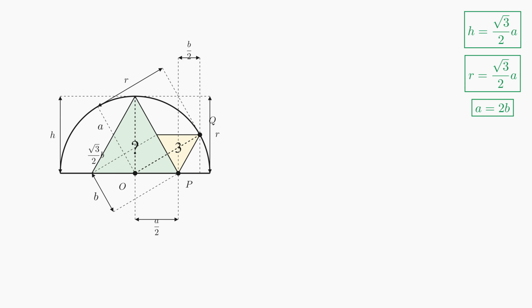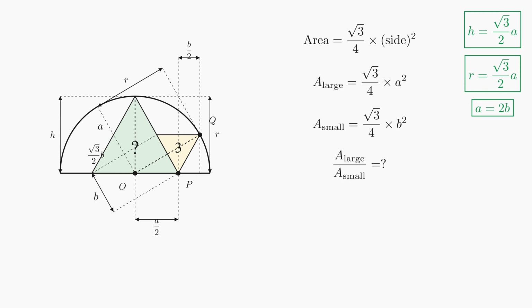Let's see what this tells us about the areas. For equilateral triangles, the area depends on the side length. The area is square root of 3 over 4 times side squared. So the large triangle's area is square root of 3 over 4 times A squared. And the small triangle's area is square root of 3 over 4 times B squared.